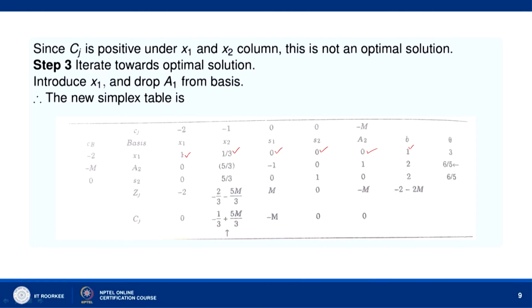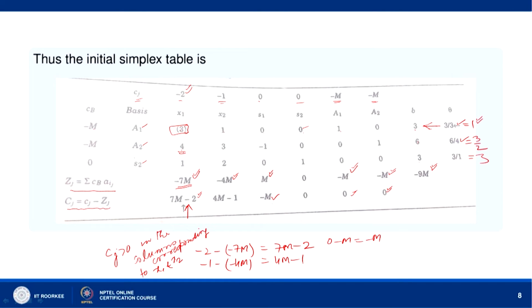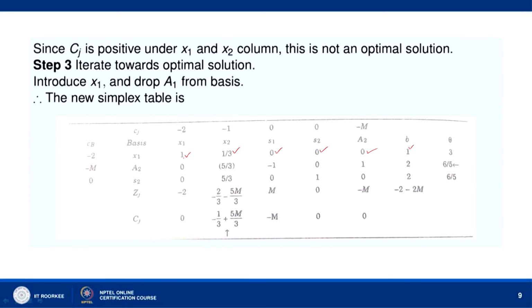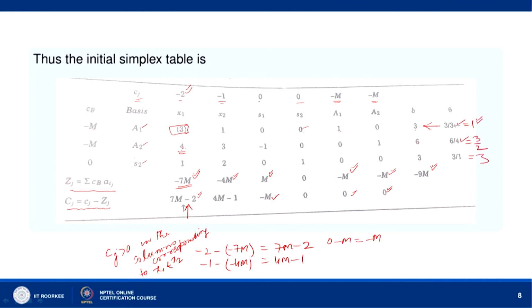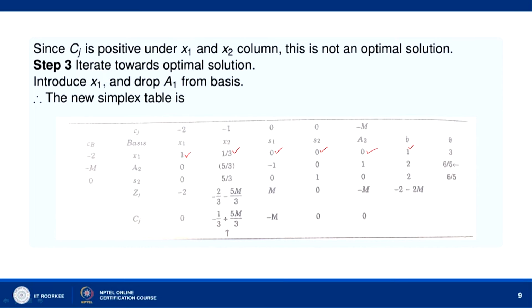This is 4. So, we multiply the key row by 4 and subtract from the second row to have 0 here. And then to get 0 here, we subtract the key row from the third row.